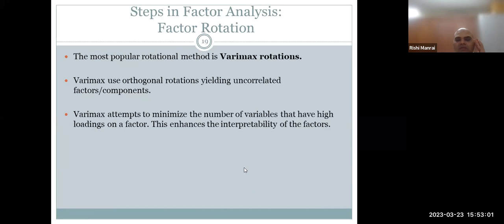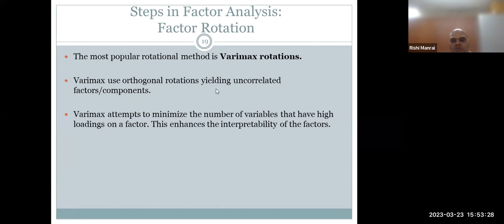So there are various methods to check this rotation. The most popular method for doing this is the Varimax rotation. Besides Varimax, there are other 3-4 options, such as orthogonal methods, but this is the best possible way for checking the rotation of each item with the other factors.